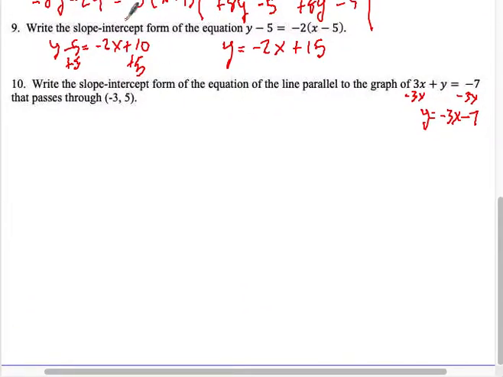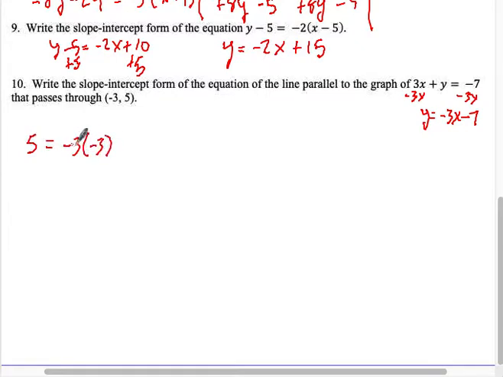Okay, so I'm going to use my slope and this point to find the y-intercept. So y equals negative 3 times negative 3.